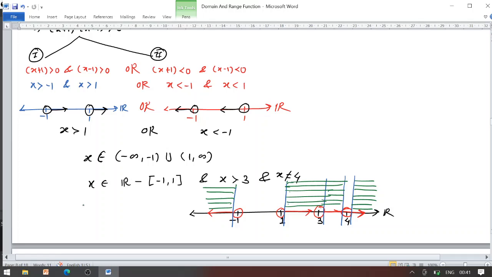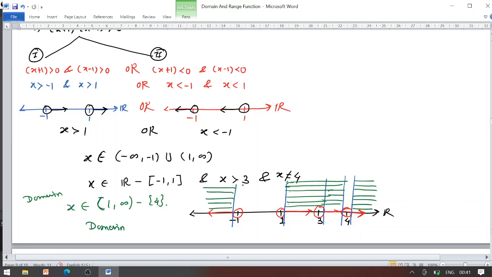Keep in mind, ultimately, for finding the domain now, x belongs to the open interval 1 comma infinity except the singleton 4. This might be the domain.